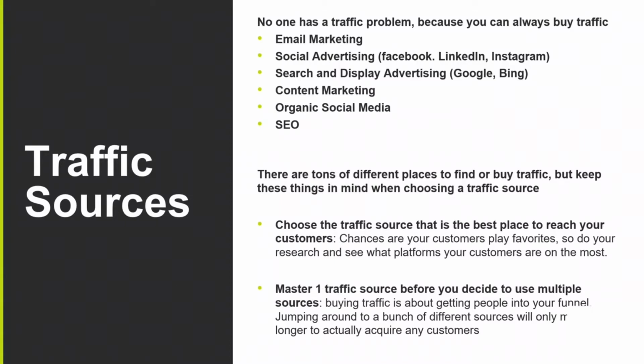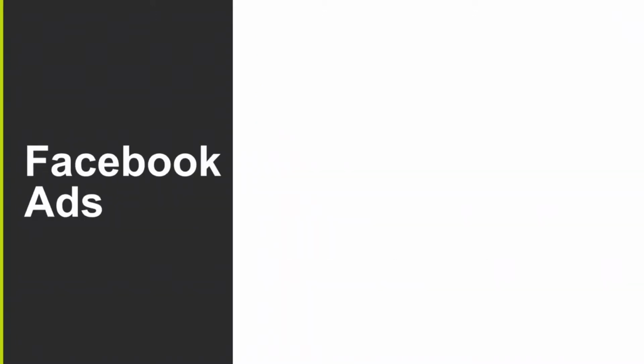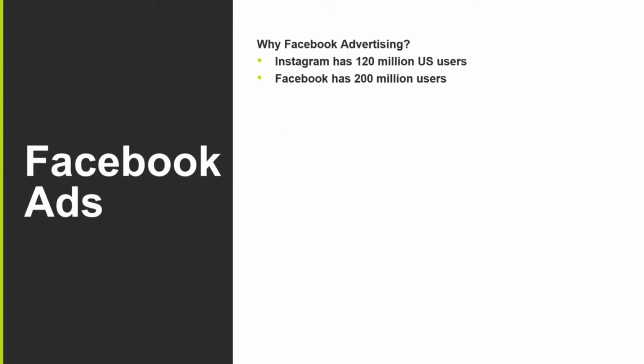Don't try to do them all at once. So, buying traffic is about getting people into your funnel, and jumping around a bunch of different sources will only make it longer and actually help deter customers. So let's take a look at some Facebook ads now.